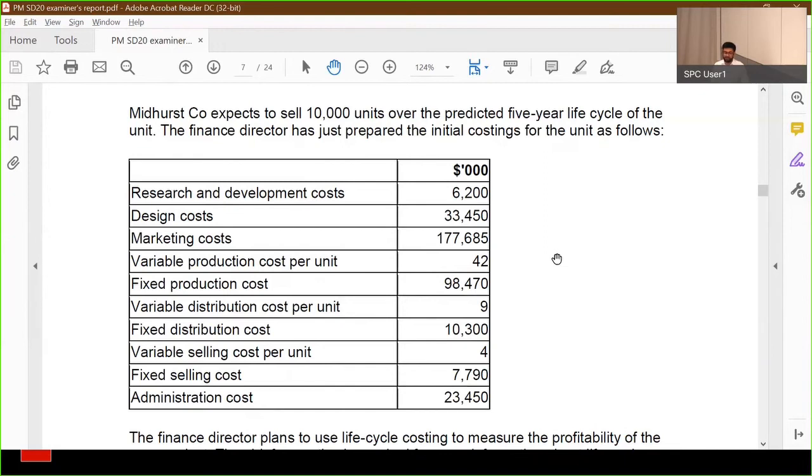So all kinds of costs we're going to add in total, and then it should be divided by the total number of units. If you are solving such a question, you should be solving it on the calculator. So you can simply add it.